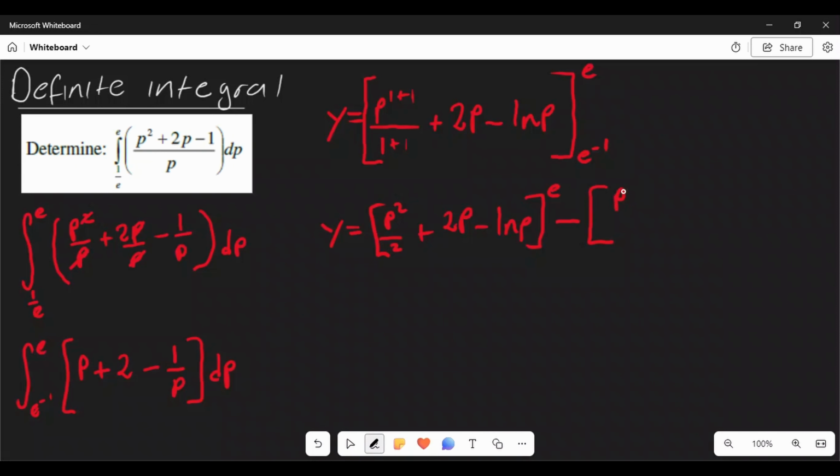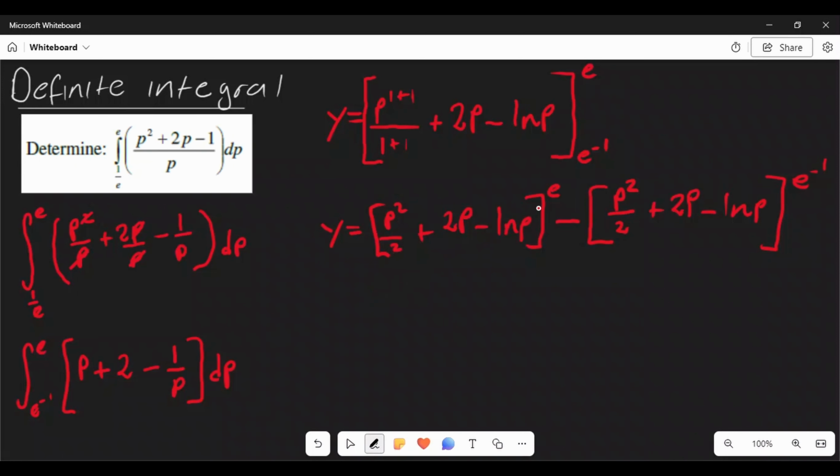So it's going to be p squared over 2 plus 2p minus natural log p, but this time around we have the lower limit, which is e to the power of negative 1. Right, so from here, guys, we have to substitute.